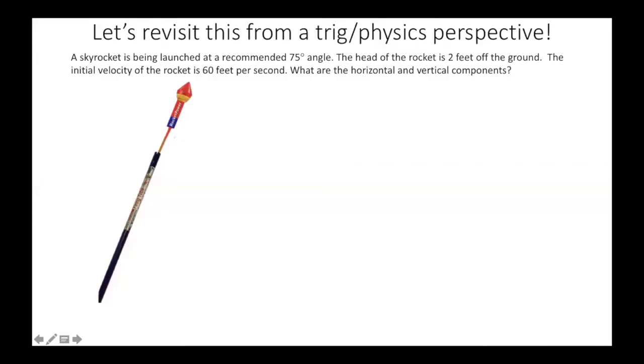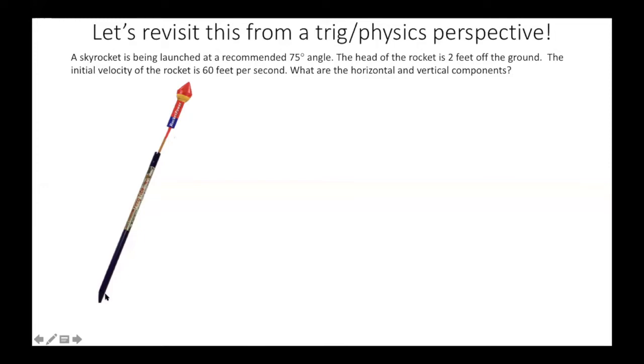All right, now we're going to look at this from more of a trigonometry and physics perspective. So we have the good old skyrocket here, and we're going to have a launch at the recommended 75-degree angle. The head of the rocket is 2 feet off the ground, because the ground is where the stick is from whatever you're shooting it out of.